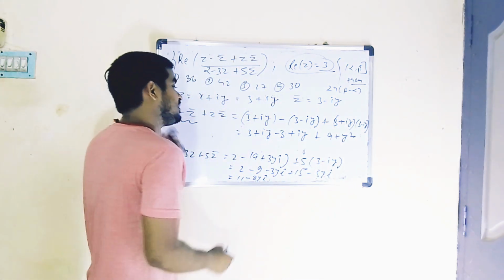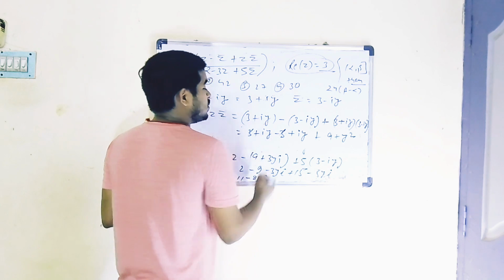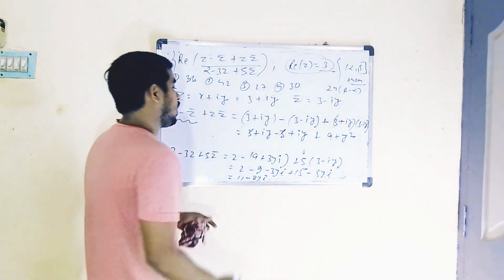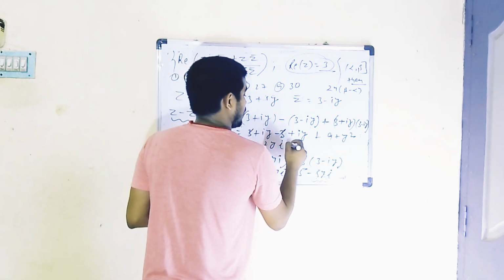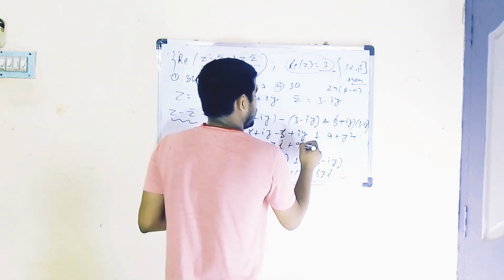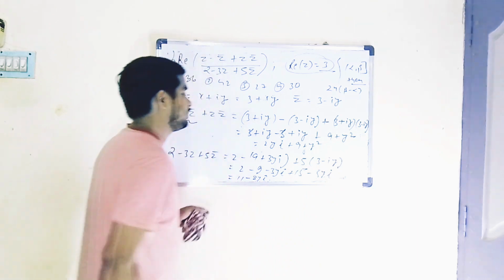Can we cancel out here? Yes. So this is iy plus iy, 2iy, plus 9 plus y square.